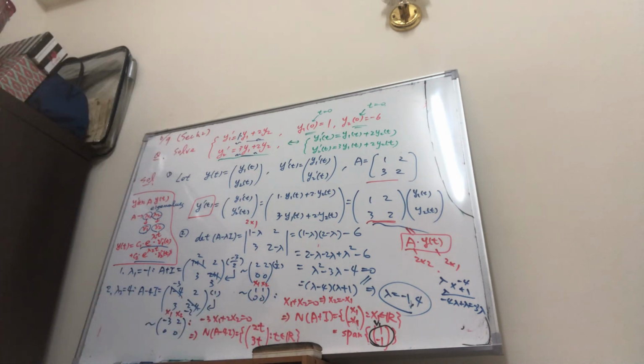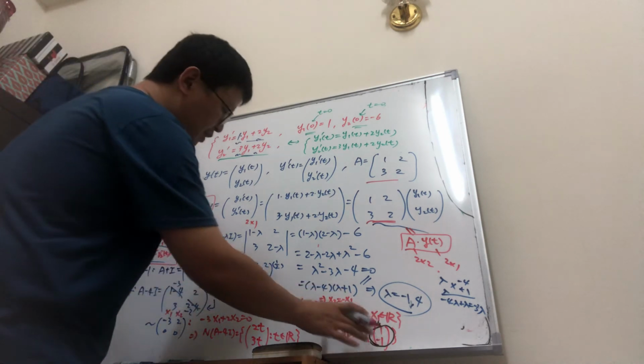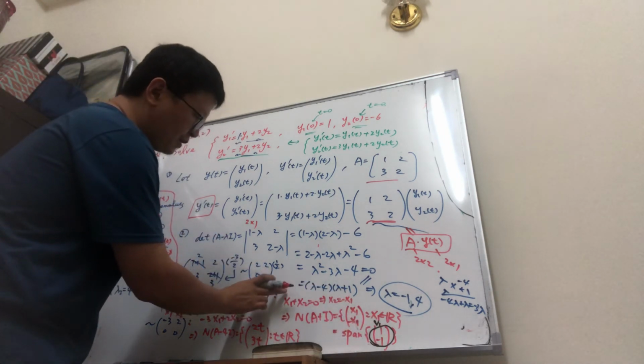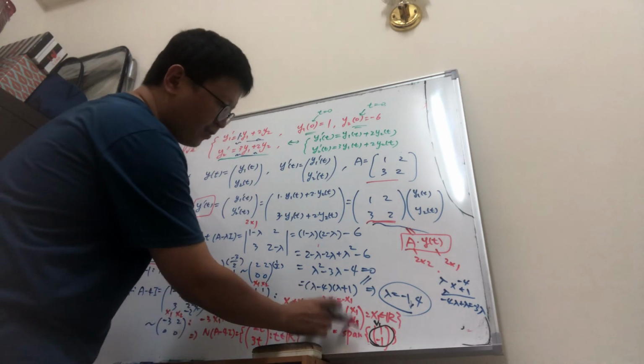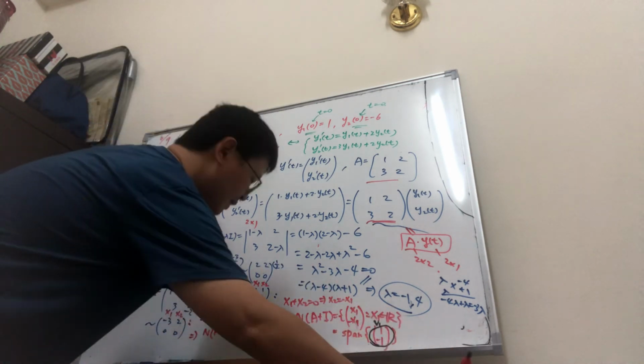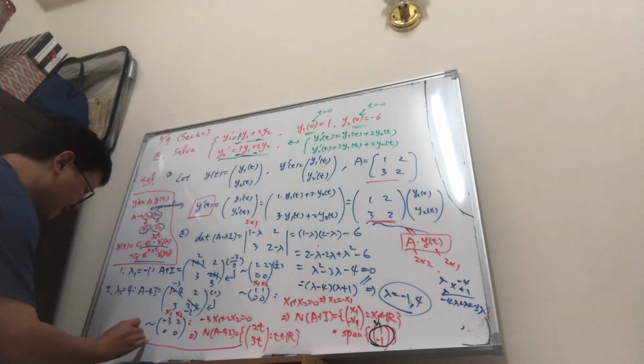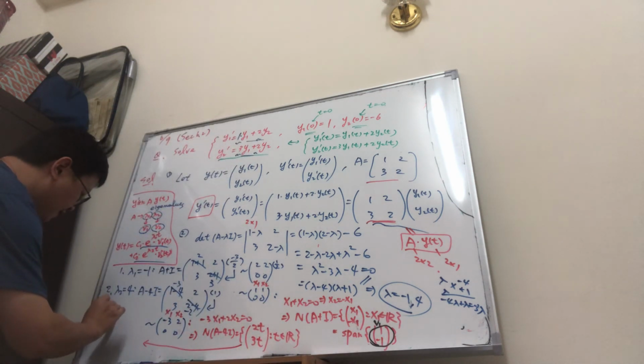Actually, for this part, we also could explain it this way. It's the spanning set of the vector 2, 3.